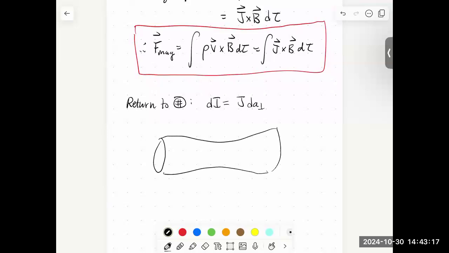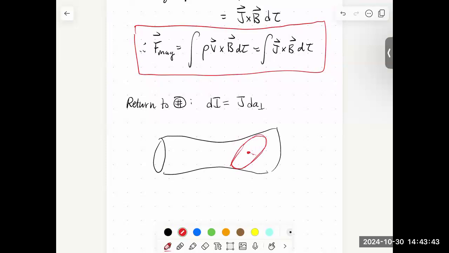I'm going to draw another volume that's going to be carrying some kind of current density. And what I'm going to do is define a cross-sectional area, but it's not perpendicular to the axis of this cylinder, right?